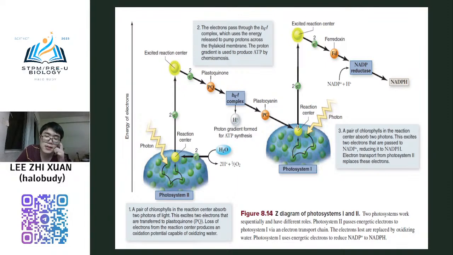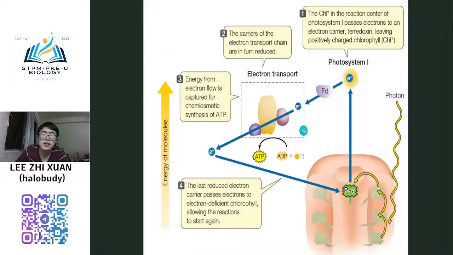Once it receives the electron, it will become excited and then release the electron to ferredoxin. But this ferredoxin will go to the electron transport chain. It will not go toward the NADP reductase. So you see in this diagram, if P700 receives the electron, it will become excited, and then this excited state will transfer the electron to the ferredoxin, which is the primary electron acceptor.